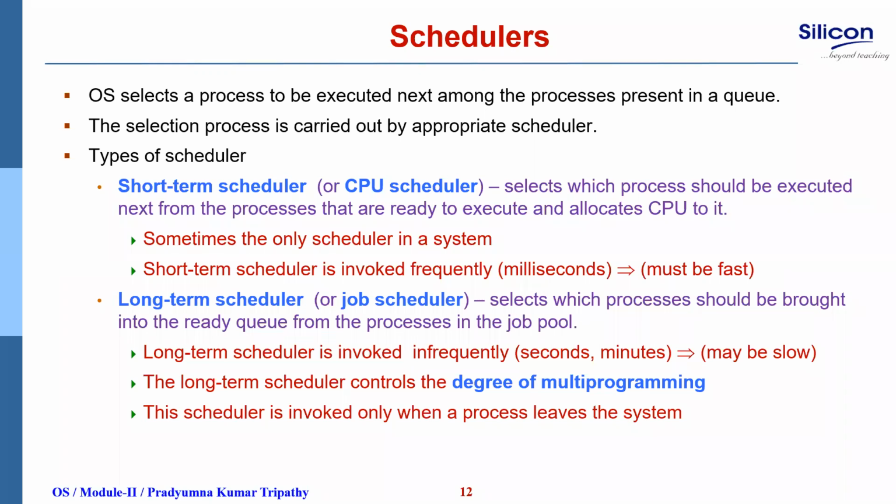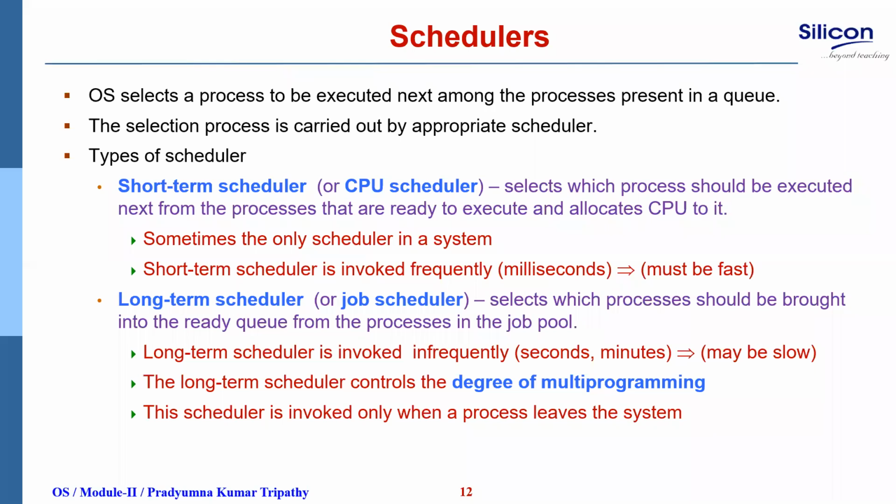Degree of multi-programming means how many programs will be in the main memory. How many programs have to be kept will be controlled by the long-term scheduler. This scheduler is invoked only when a process leaves the system. Whenever a process leaves the system, there is a chance that another process will come. In that case, only the long-term scheduler will work.